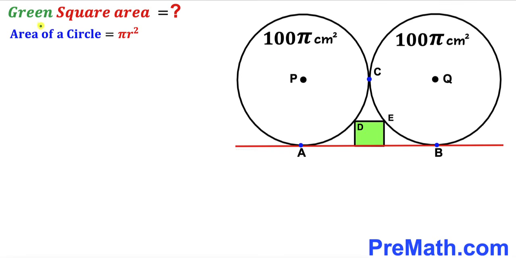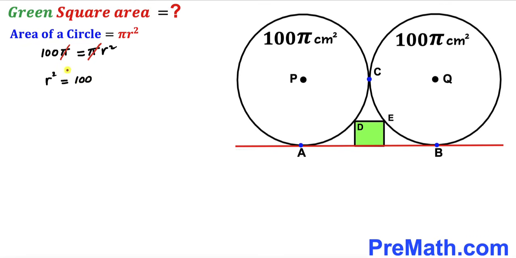Let's recall the area of a circle formula. Area is always equal to πr², where lowercase r is the radius. In our case, the area has been given as 100π. So let's fill in the blanks: 100π equals π times r². Here the π and π cancel, so r² is equal to 100.